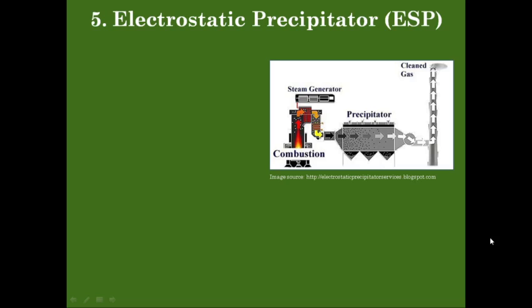So whenever polluted air is generated in any industrial plant, instead of taking it directly to the chimney, it should be taken to the electrostatic precipitator where the dust particles are removed, and the clean air can then be connected to the stack or the chimney from where it can go to the atmosphere. So how do these electrostatic precipitators work, let's see.